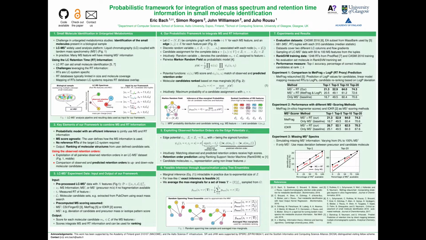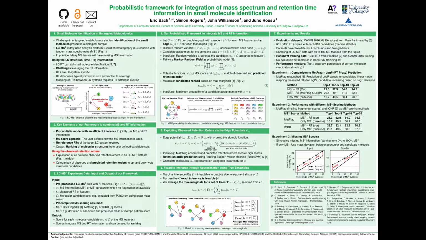As we know, it can aid the small molecule identification by giving you additional information next to the mass spectrometry data. There are a couple of challenges in utilizing retention time information. For example, retention times are liquid chromatographic system specific. It means they differ between different configurations of your LC column.